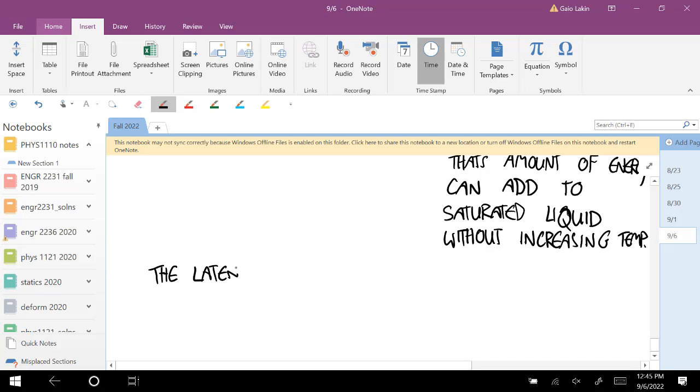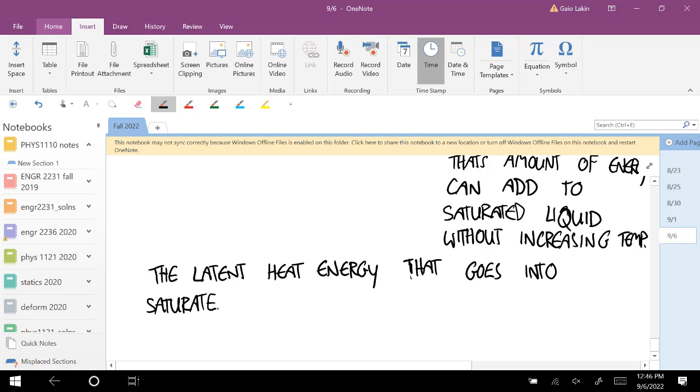The latent heat energy that goes into a saturated liquid without raising its temperature is very useful.